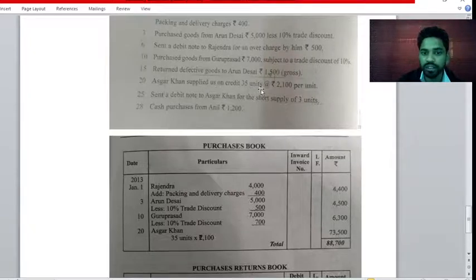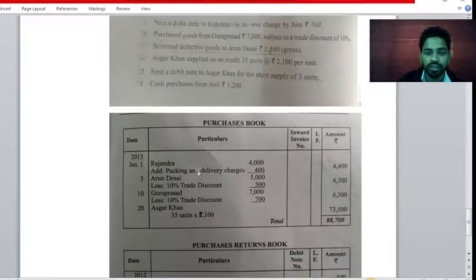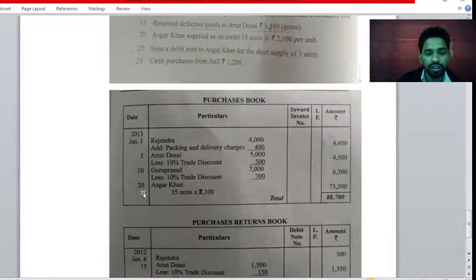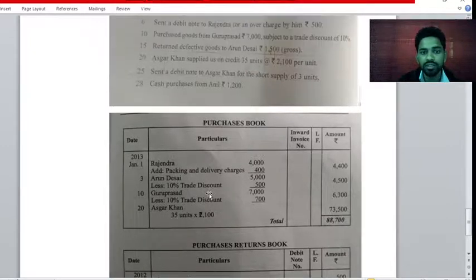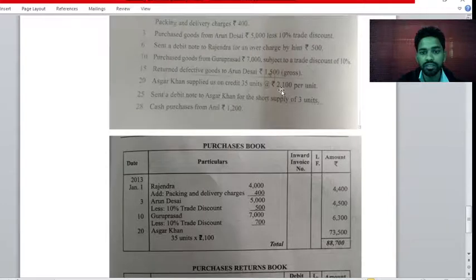So on 20th January, Asghar Khan 35 units at the rate of 2,100. It will be 73,500.